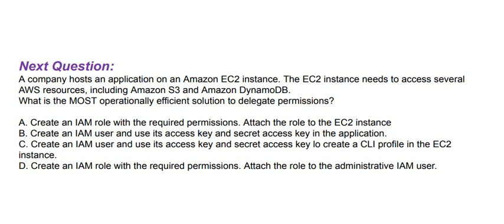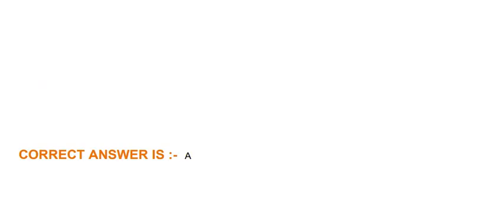Option C, create an IAM user and use its access key and secret access key to locate a CLI profile in the EC2 instance. And option D, create an IAM role with the required permissions. Attach the role to the administrator IAM user. The correct answer is option A.